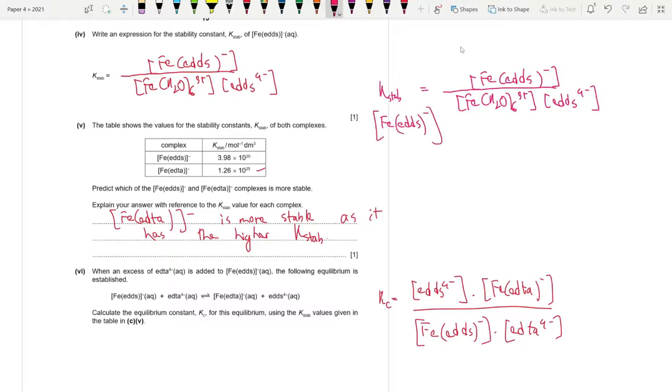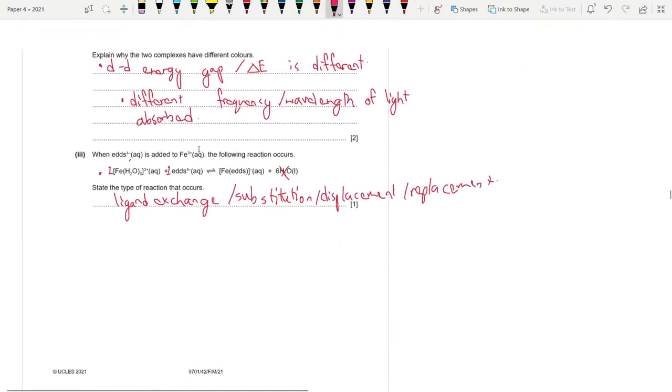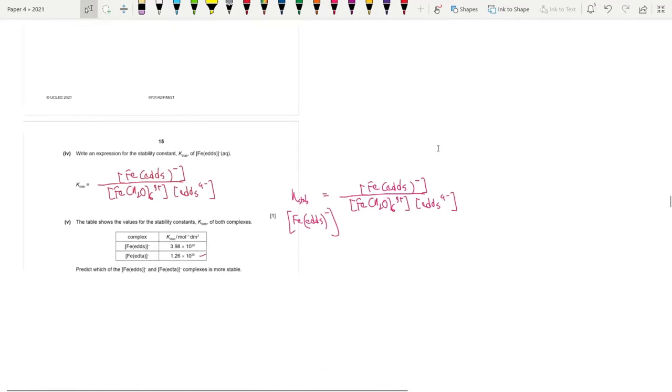What about the other one? Do we have the K step for EDTA? Have I written that down? I haven't, right?